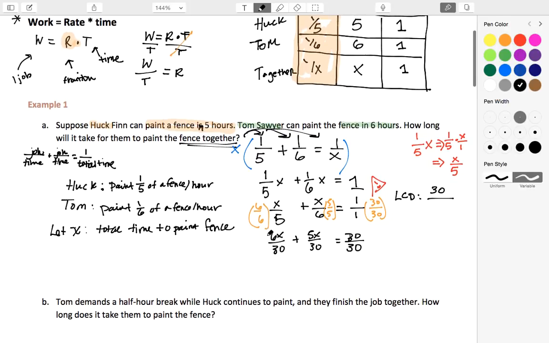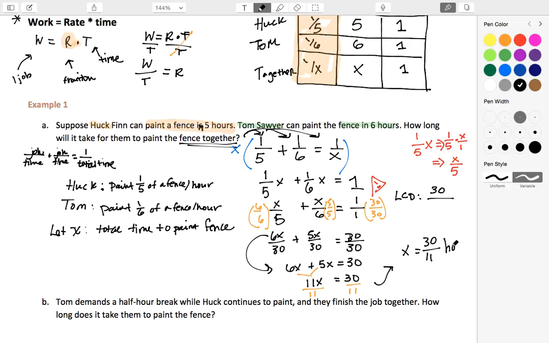And then from there you can just rewrite the numerator, and we'll get 6x plus 5x equals 30. And then we can combine like terms, and that will become 11x equals 30. Isolate our variable, divide by 11 on both sides, and we'll get x is 30 over 11.